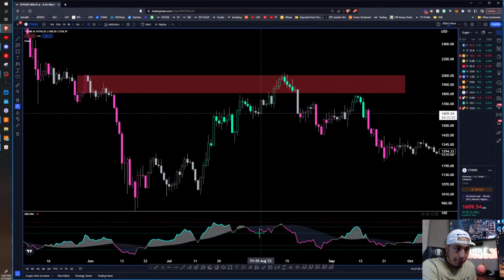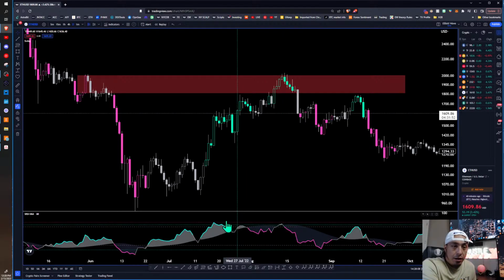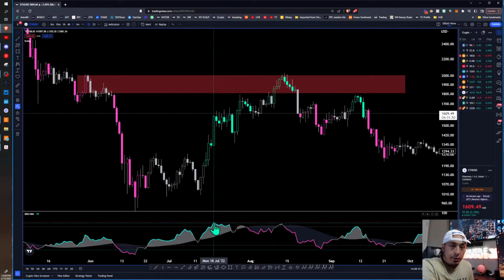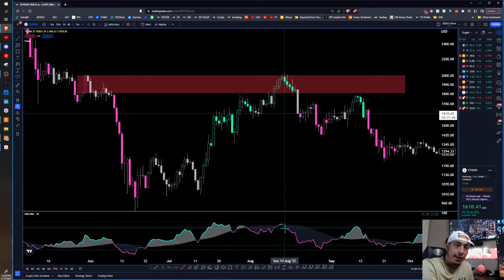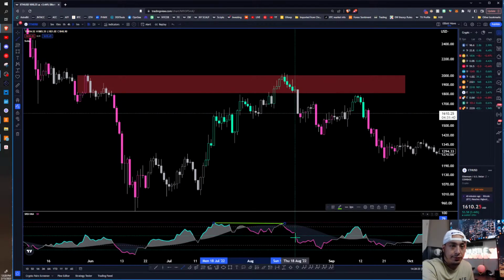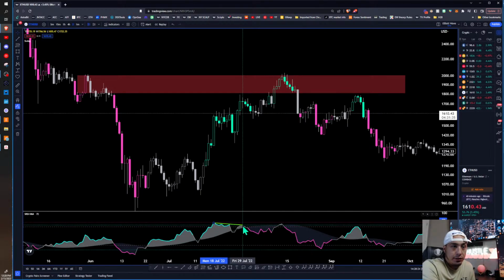And all you're waiting for is SRSI to continue to stay either pink or neutral, as long as it does not turn back blue on that divergence, and then it closes one more time bearishly. That is almost a certainty that it's going to reverse. And that's why this divergence here didn't work as well.